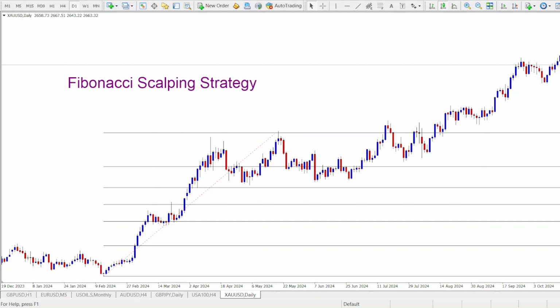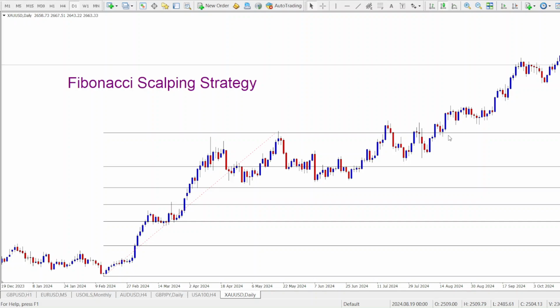By overlaying Fibonacci levels on a price chart like we did here, we can identify high probability entry and exit points. Because if you are trading in the direction of the trend and you plot your Fibonacci retracement levels, when the price retraces to one of those levels, it gives you an entry point where you can enter your trade in the direction of the trend.